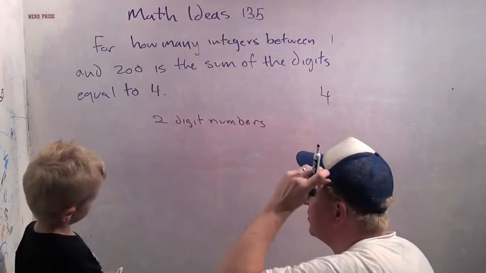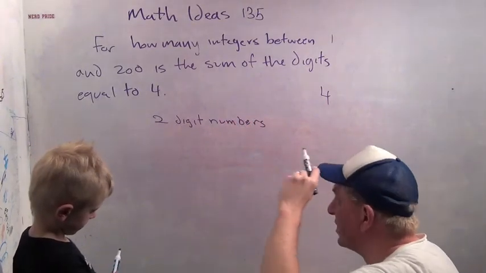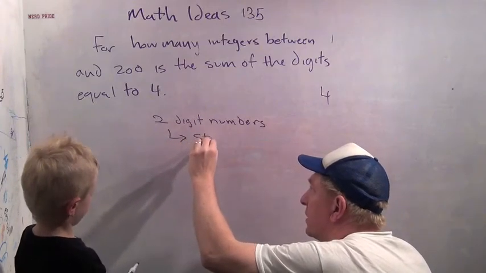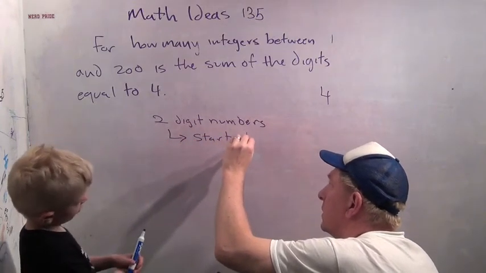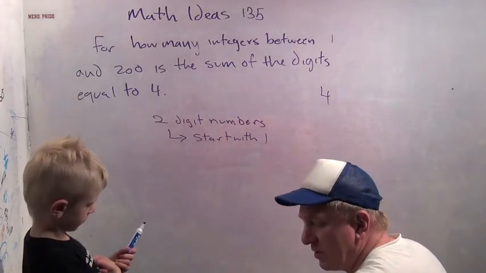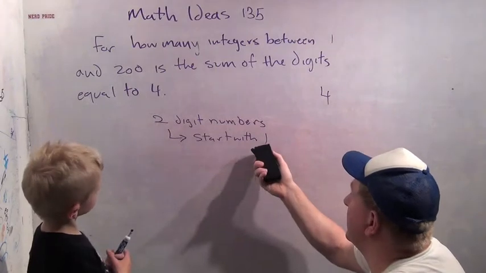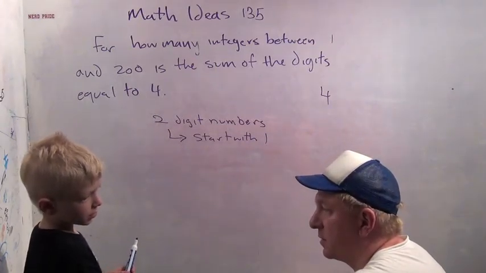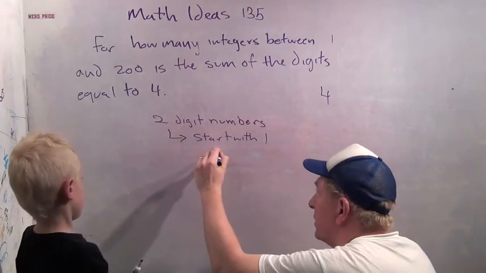Okay, so the two-digit numbers come next. We're going to start at 10. What about the ones that start with 1? What two-digit number starting with 1 is going to have the sum of the digits equal to 4? 13, very good.